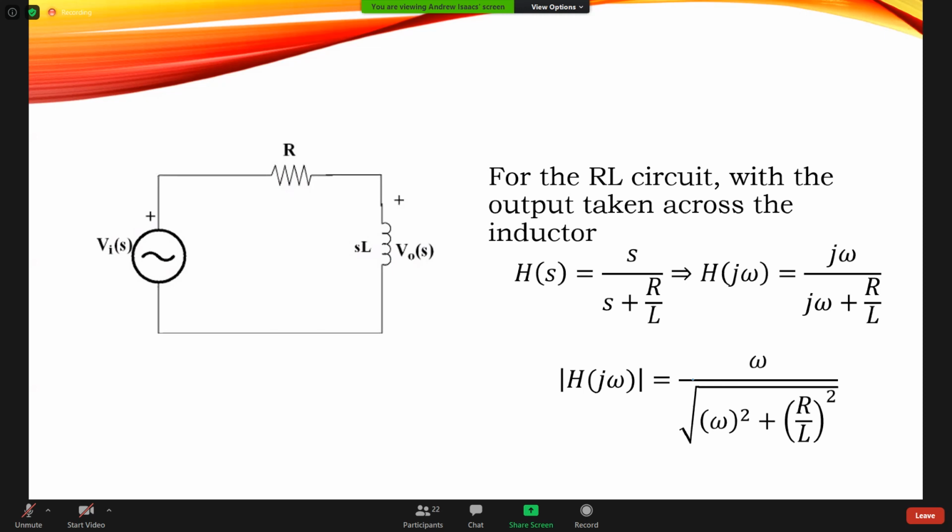So for the RC, we're taking the output across the resistor. For the RL, we're taking the output across the inductor.